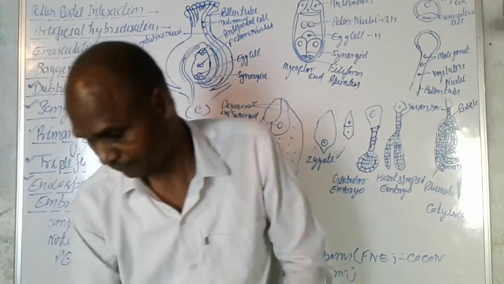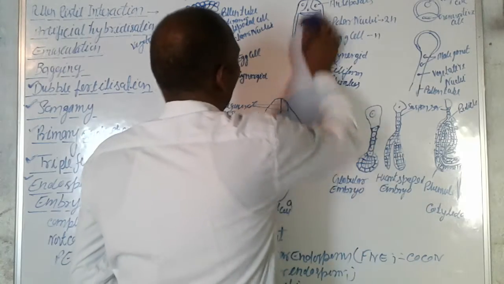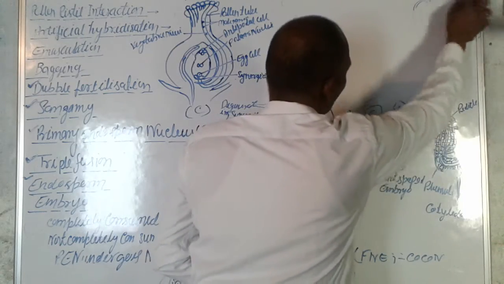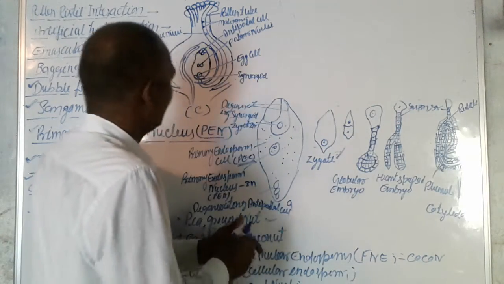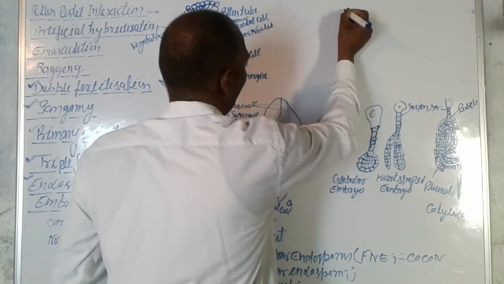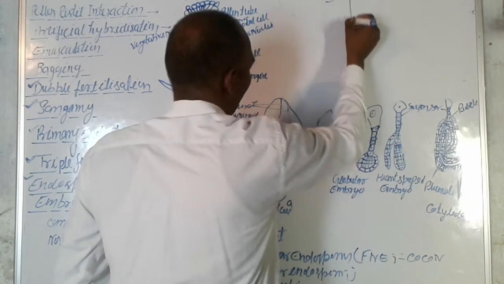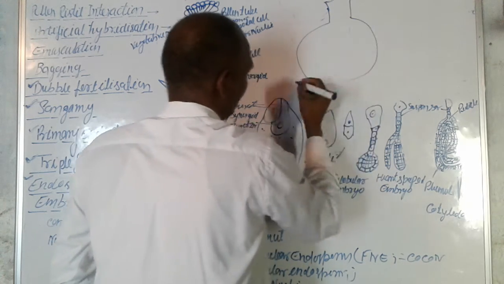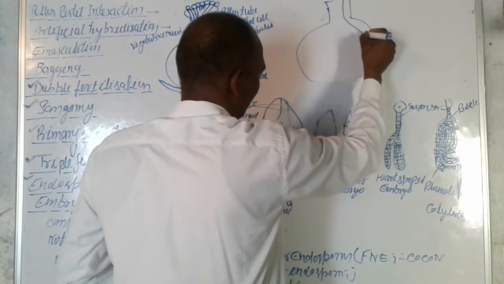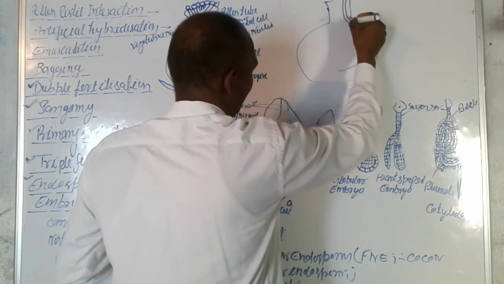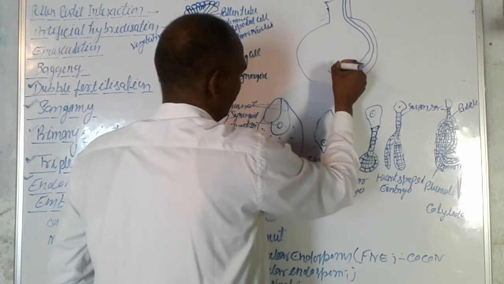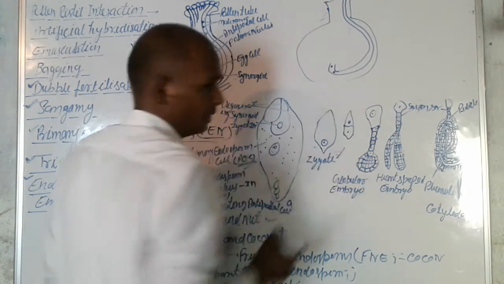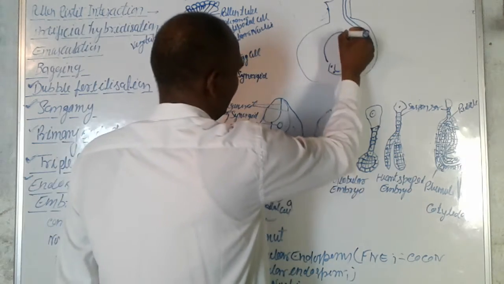You can see here that this is the pollen tube, with the first male gamete and the second male gamete. They enter.